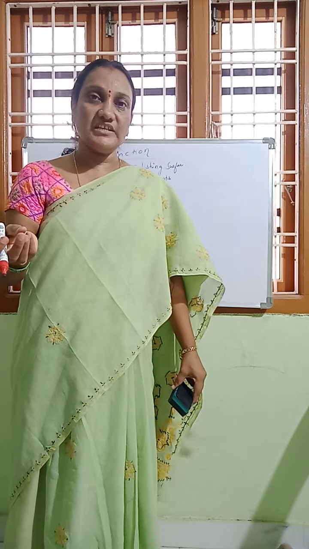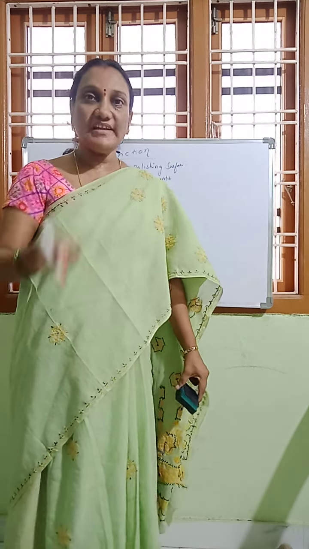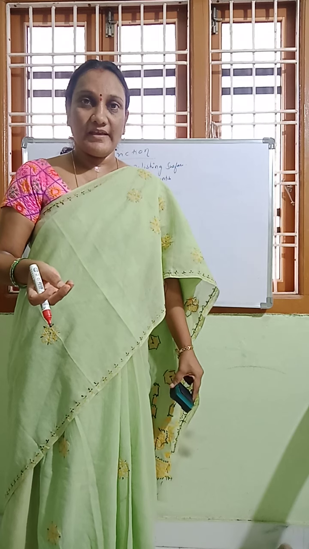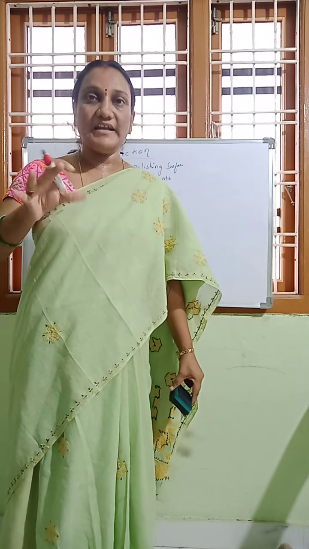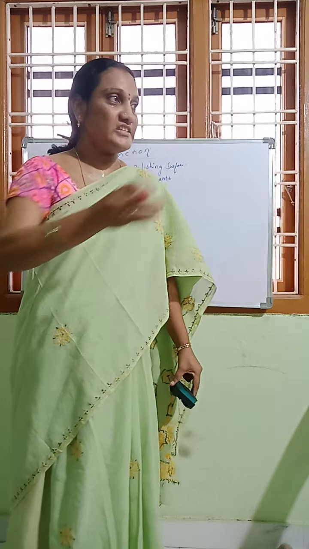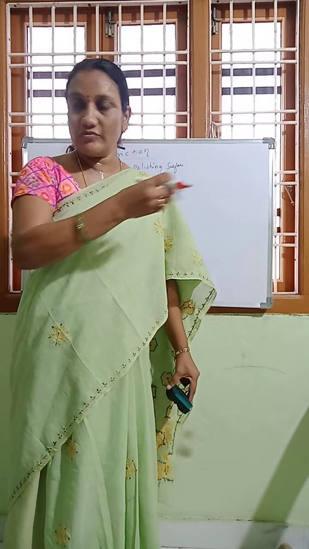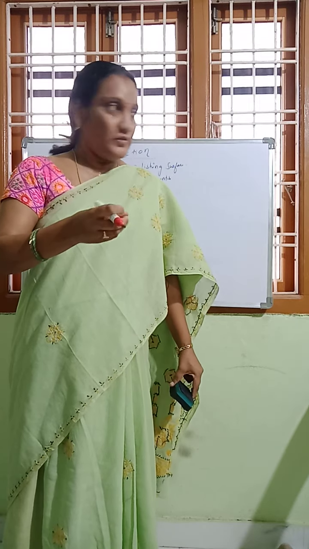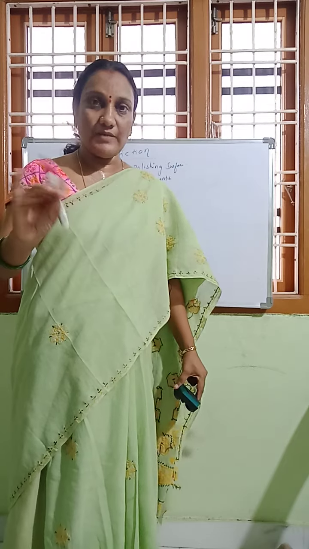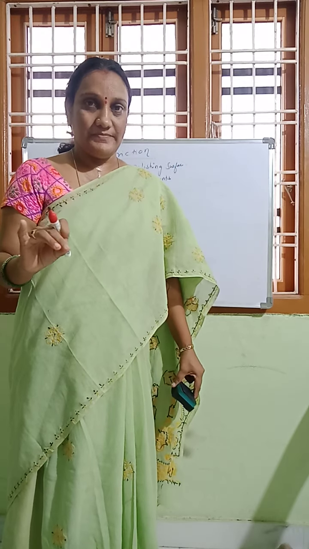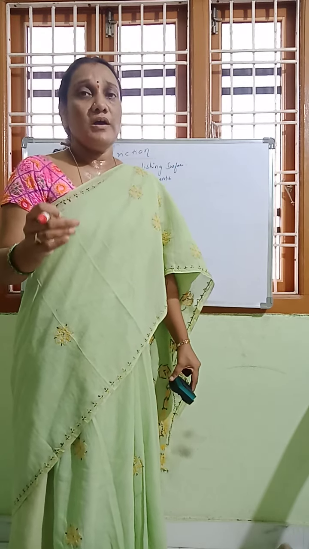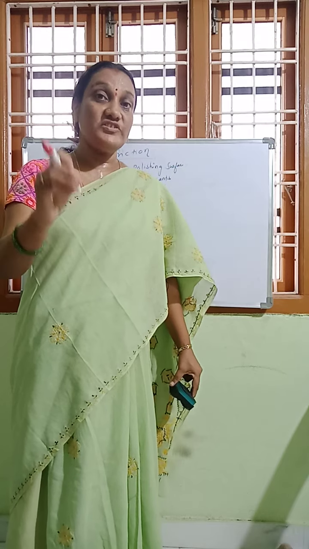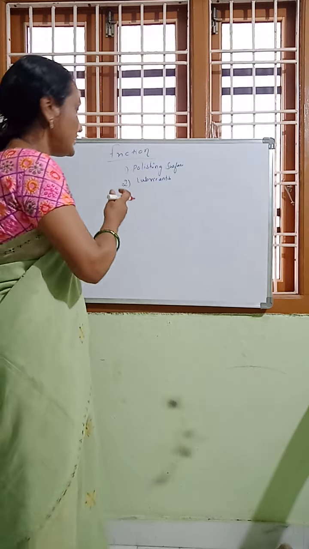As lubricants, we use grease and coconut oil. In daily life, you use coconut oil, no? If you find any part hard, such as the bolts of a door, you just pour some coconut oil or rub it with coconut oil. Those materials which reduce the friction, we call lubricants.